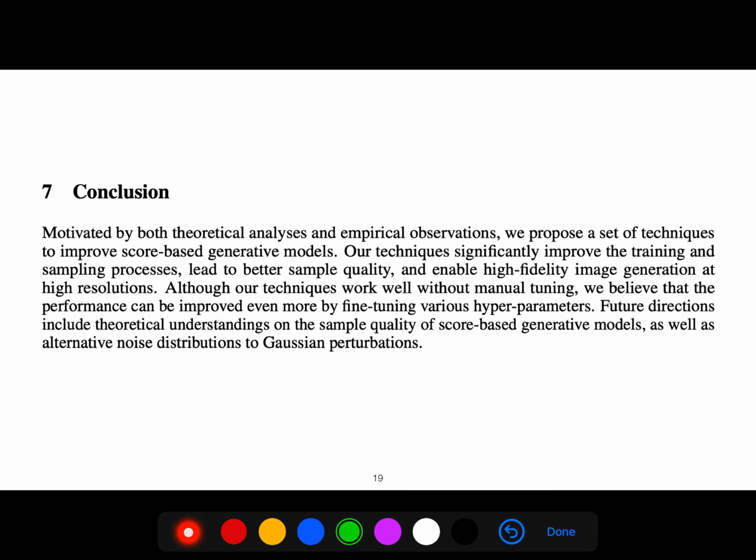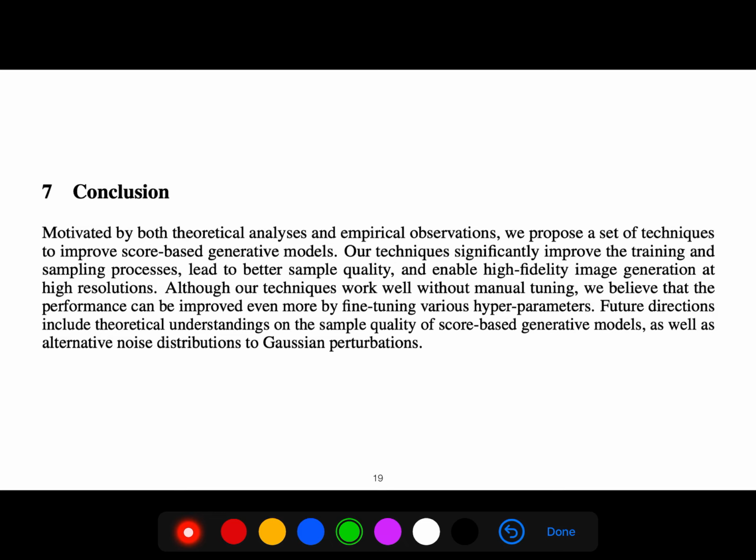So the conclusion: motivated by both theoretical analysis and empirical observations, we propose a set of techniques to improve score-based generative models. Our techniques significantly improve the training and sampling processes, lead to better sample quality, and enable high-fidelity image generation at high resolution.